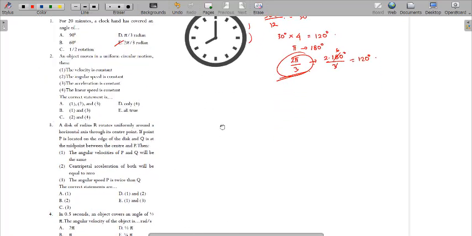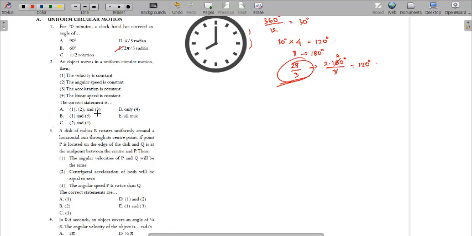Number 2, an object moves in a uniform circular motion, or in Bahasa I could say gerak melingkar beraturan. It's equal to uniform linear motion, meaning the speed is constant. The speed, what speed now? Now you have angular speed and linear speed.